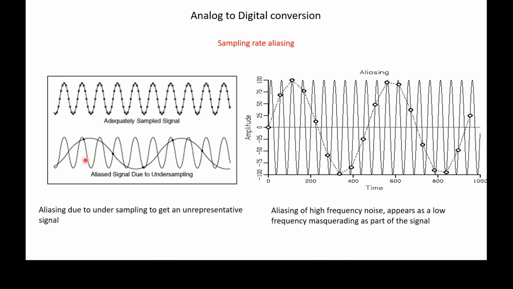But if we only sample it rather infrequently, as shown, but regularly and on a regular basis, then we end up with what looks like a very low frequency. This is called an alias signal. It is not really there. It's unrepresentative. So aliasing is something we have to be careful about.